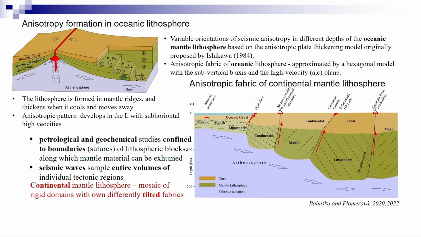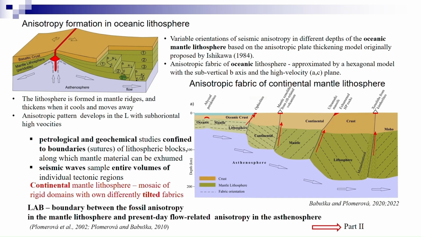On the other hand, seismic waves sample the entire volume of the individual tectonic regions. Modeling the LAB as the boundary between the fossil anisotropy in the mantle lithosphere and present-day flow-related anisotropy in the asthenosphere, derived from anisotropic signals in the surface and body waves, is the subject of Part 2.